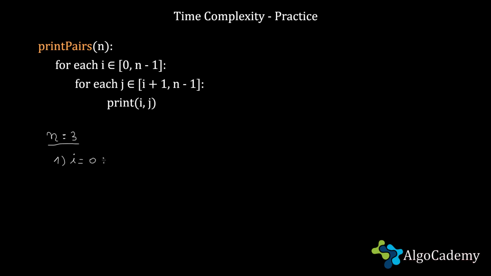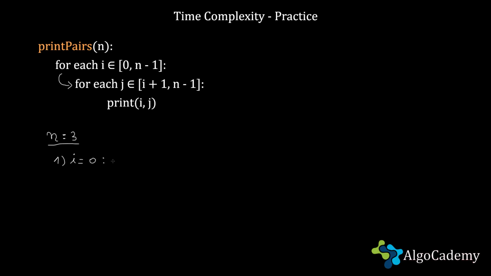The first iteration of the first for loop is for i equals 0. For this iteration, I'm going to enter the second for loop. j will take each and every value between i plus 1 and n minus 1. So i plus 1 equals 1, and n minus 1 equals 2.